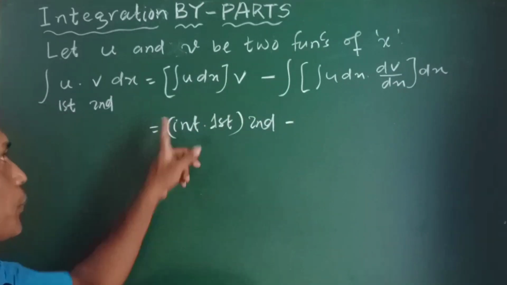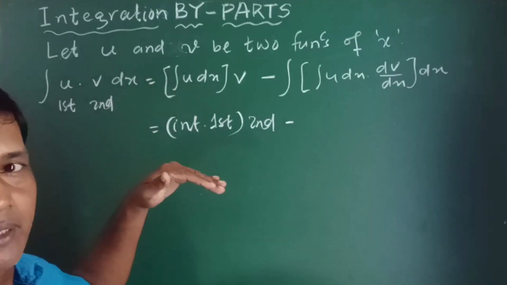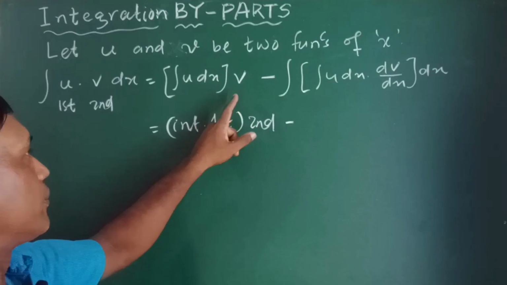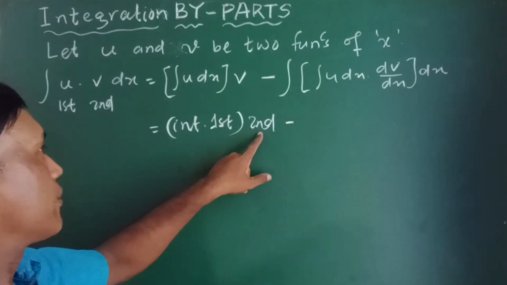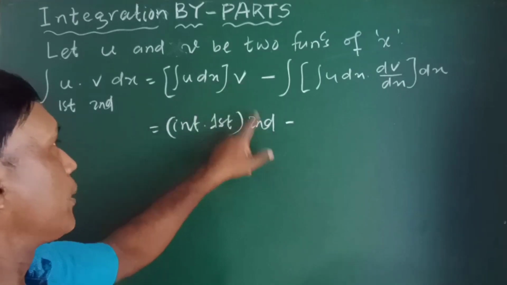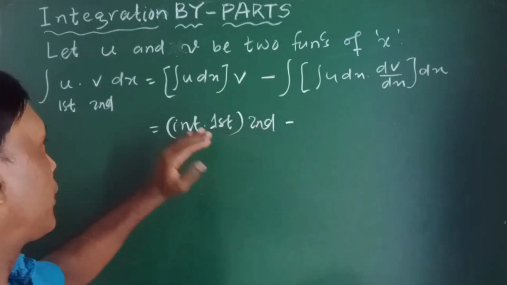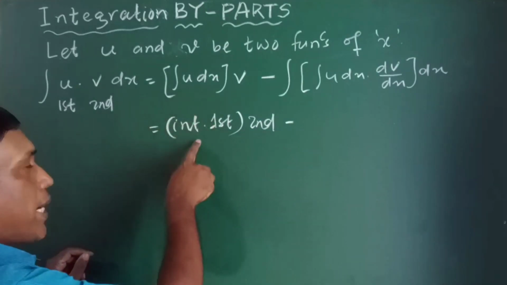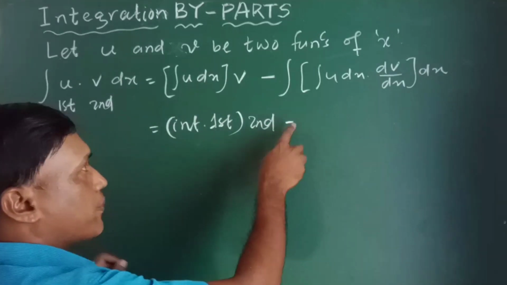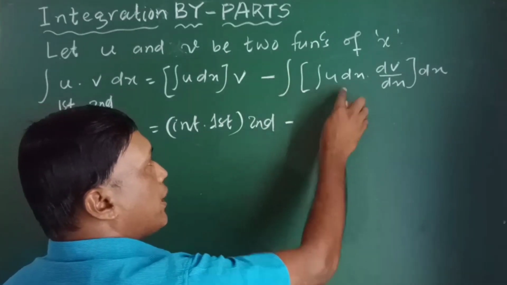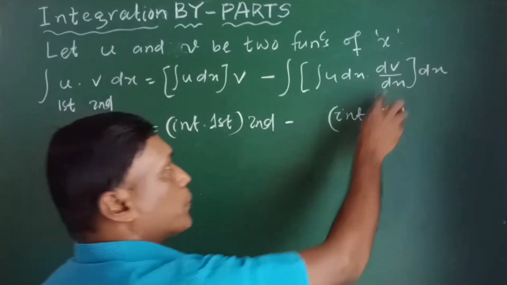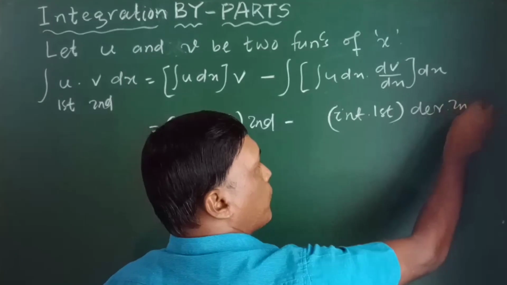Look here, there are two parts. In the first part, integration of first into second, the second function remains the same as a function. There is no derivative of v. Here we integrate the first function, but there is no integration of the second function. Minus, look here, integration of first into derivative of second.